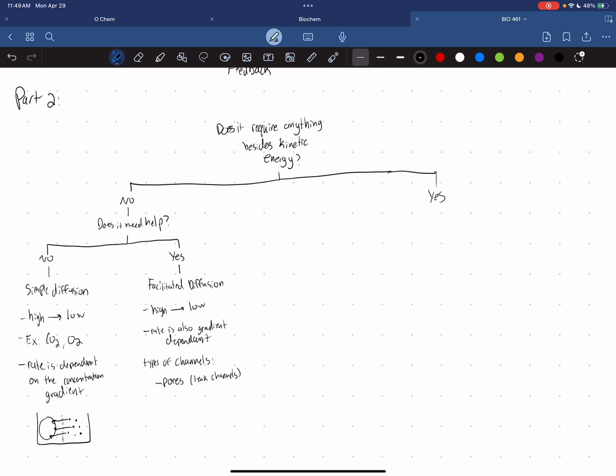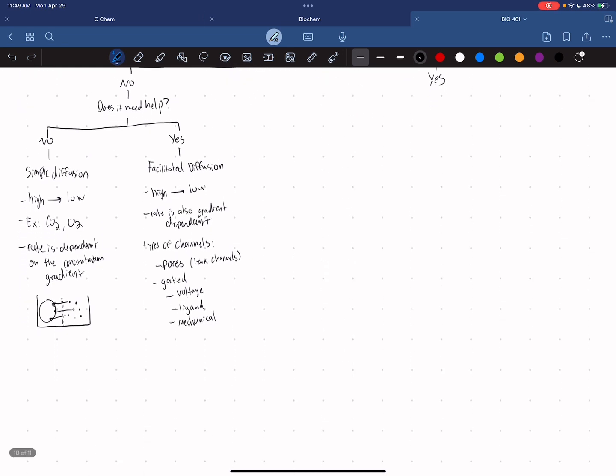We have channels that are gated, which include voltage gated, ligand gated, and mechanical gated channels.